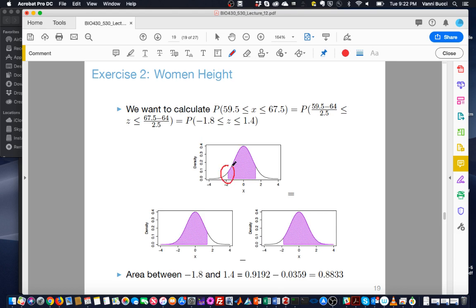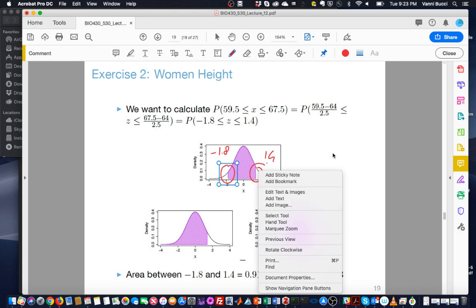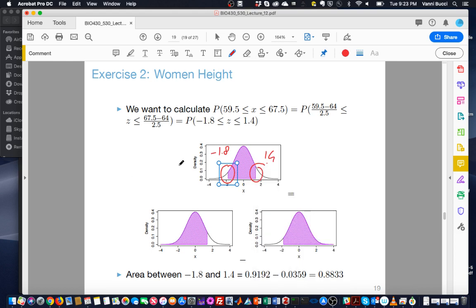So this is minus 1.8 and this is 1.4. Which is equal to what? It is equal to the probability of being less than 1.4 minus the probability of being less than minus 1.8. So the probability of z less than 1.4 is equal to 0.9192.